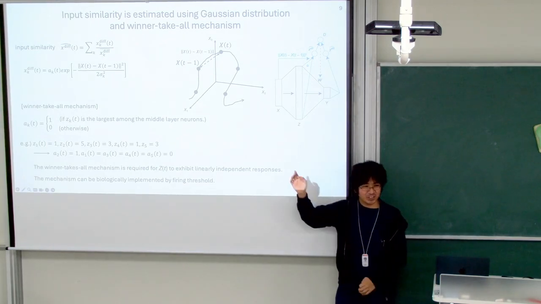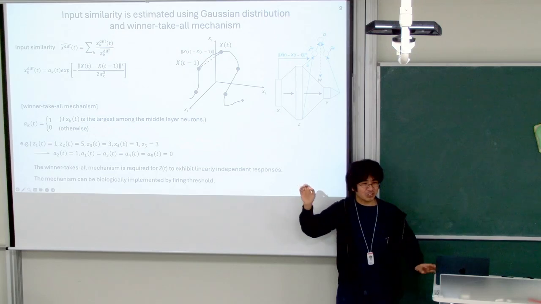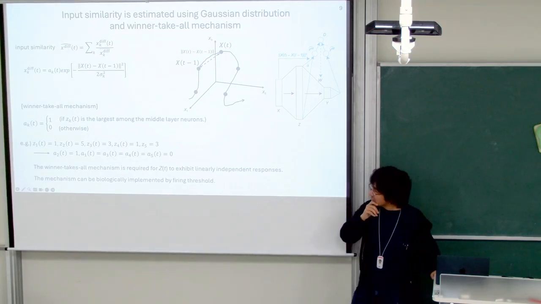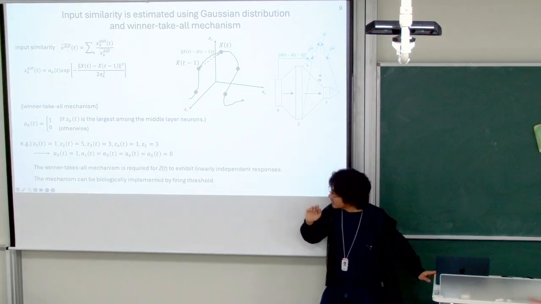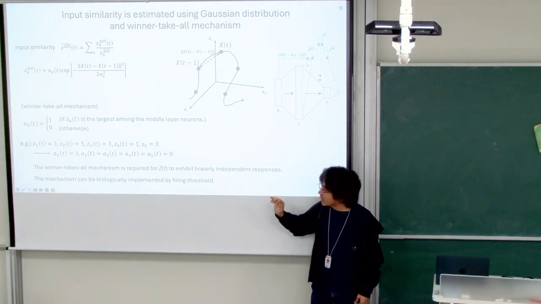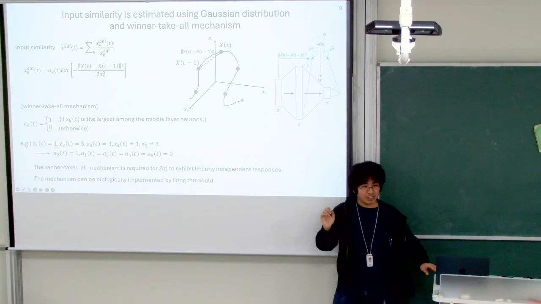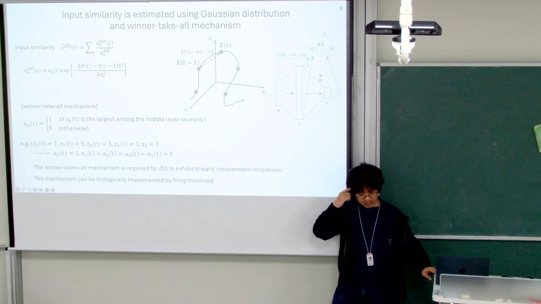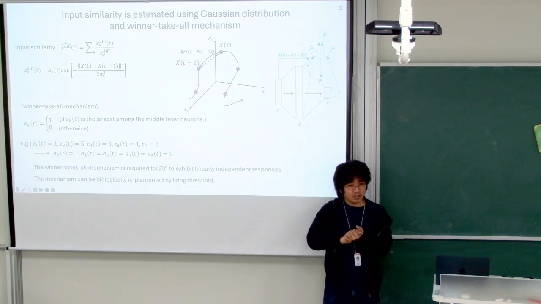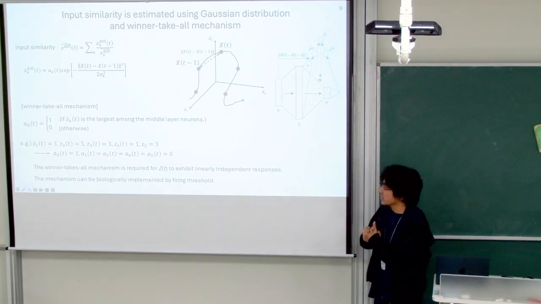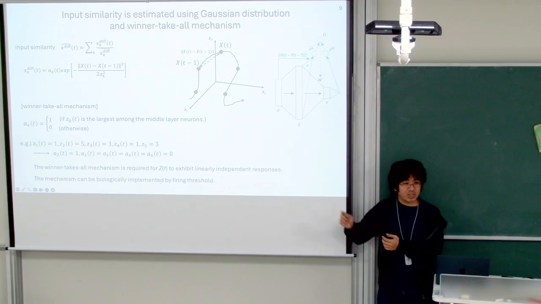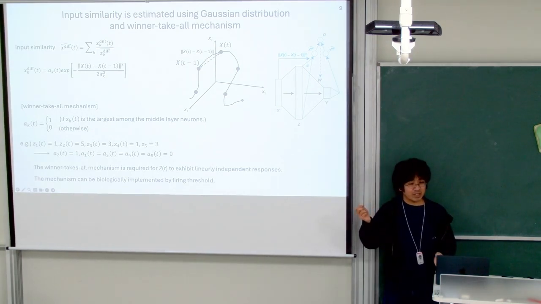You might think this mechanism is strange again, but they said the mechanism can be biologically implemented by a firing threshold. The neuron has some threshold, and by using this, the mechanism can be achieved.